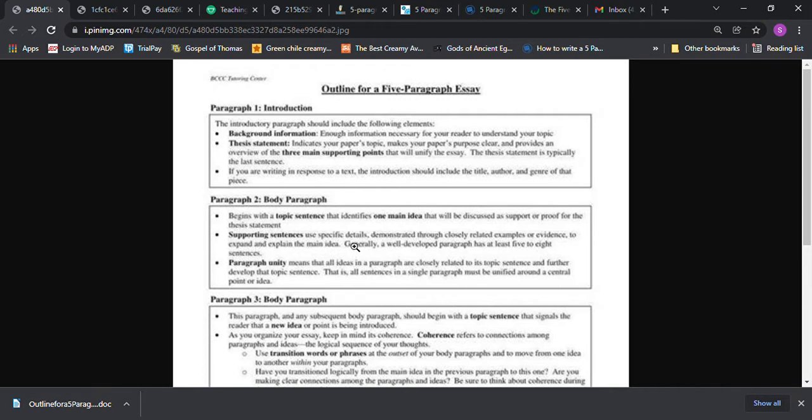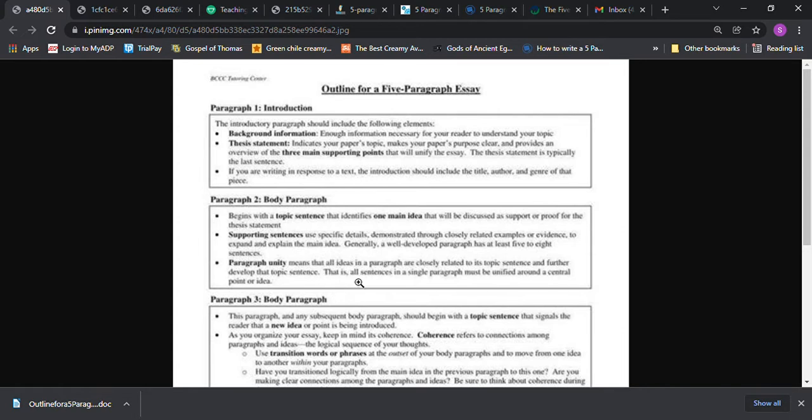Supporting sentences use specific details demonstrated through closely related examples or evidence to expand and explain the main idea. Generally, a well-developed paragraph has at least 5 to 8 sentences. See, and they said before that 3 was enough, but you could do more. Paragraph unity means that all ideas in a paragraph are closely related to its topic sentence and further develop that topic sentence.